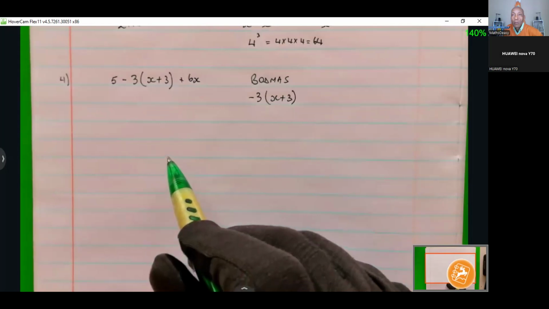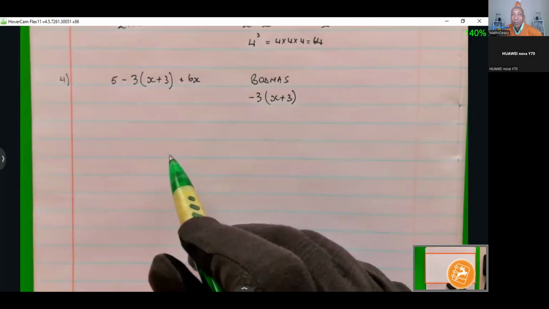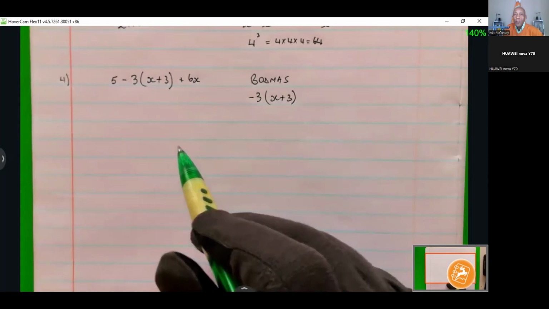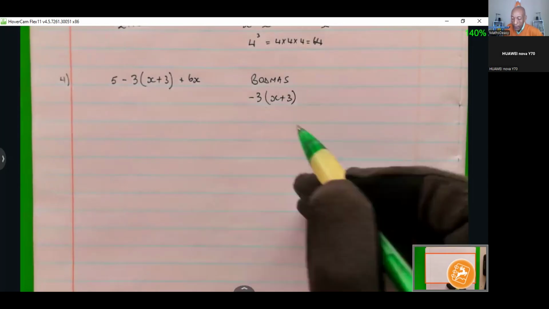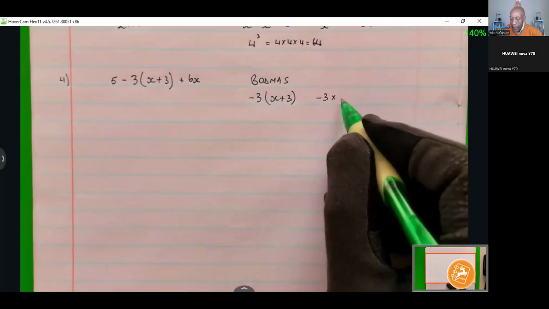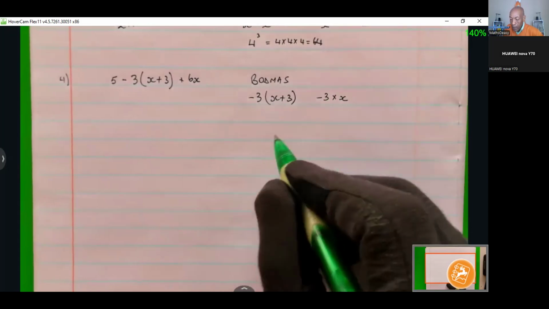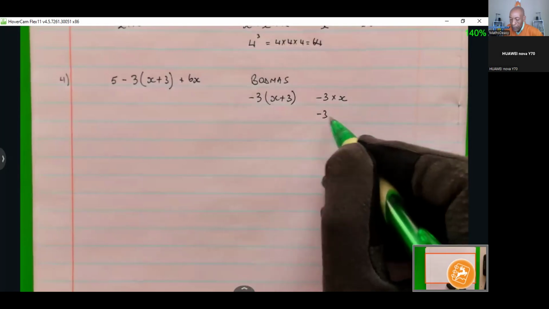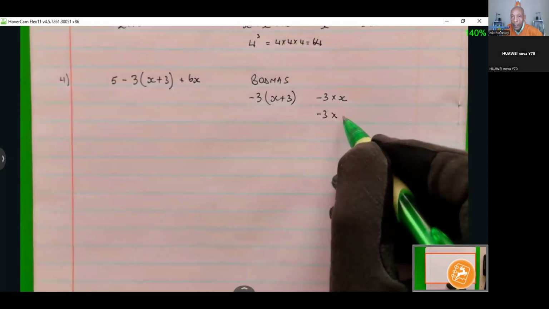Right, so this is the same as saying I am taking the -3 to multiply the x, and I'm also taking the -3 to multiply the 3.